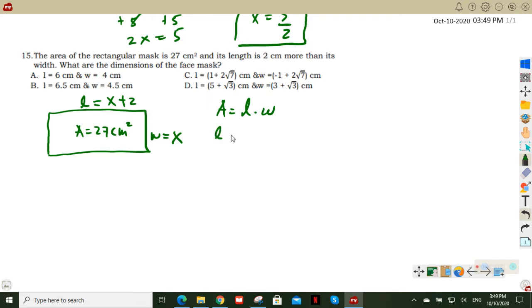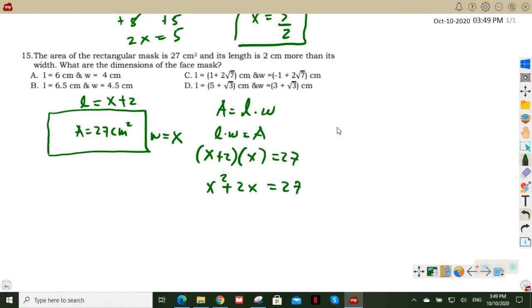So let's have W times length is equal to A, area. My length is X plus 2, my width is X, and my area is 27. So multiply that: X squared plus 2X is equal to 27.